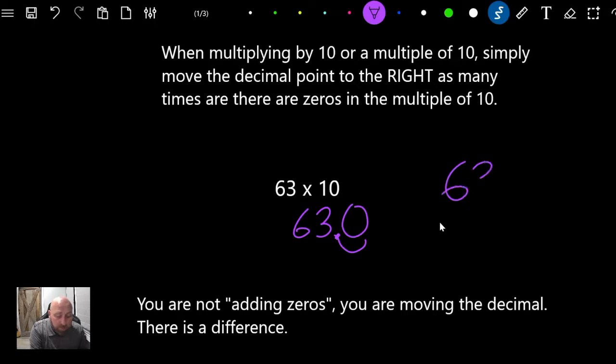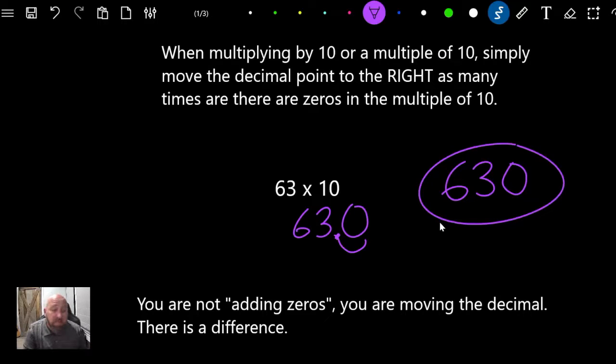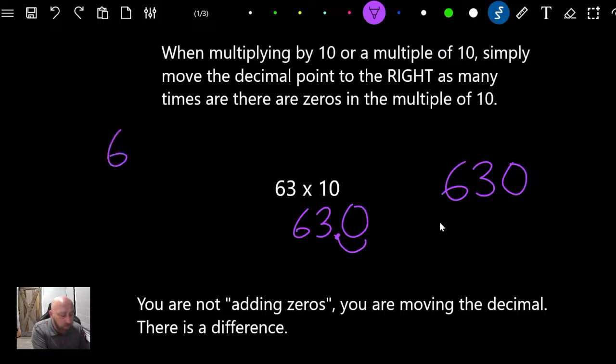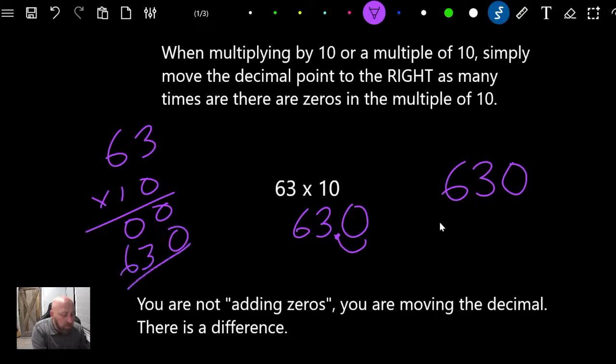So you get 63 and then add a 0, or move the decimal point, right? So the answer would be 630. Now let me kind of prove that to you. We'll go over here. 63 times 10, and we have 0, then 3, and then 6. 630, okay?